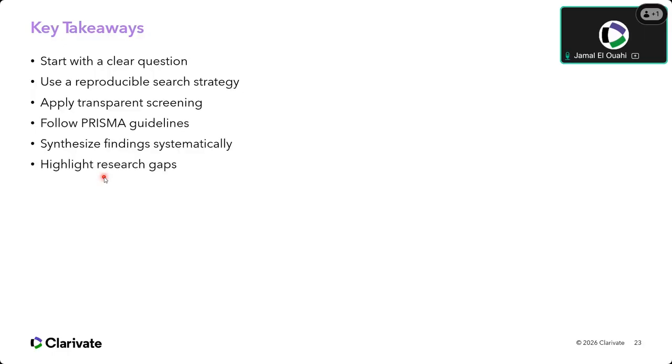And what I want to mention here, once you're happy with your search query, don't forget to save your search query so that you keep track of what's being published.